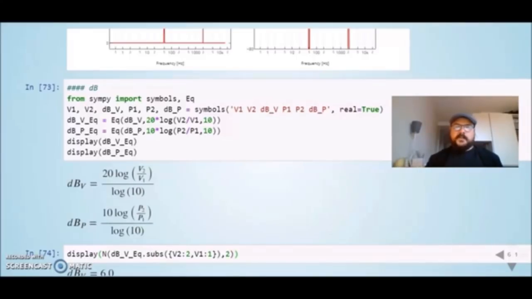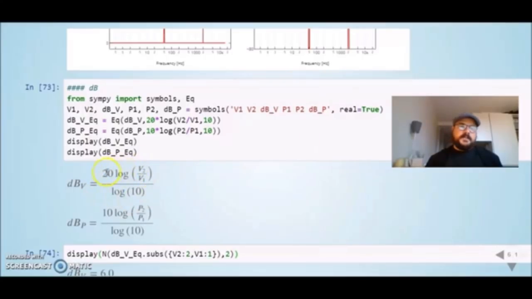So usually power is proportional to the voltage squared, and this is why we have this difference. The equation for voltage is 20 log10 of V2 divided by V1, and SymPy already transforms this log base 10 into natural logarithms.